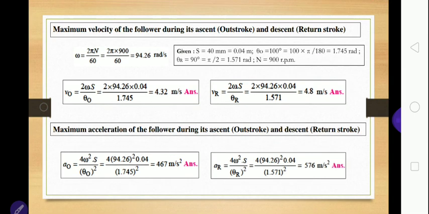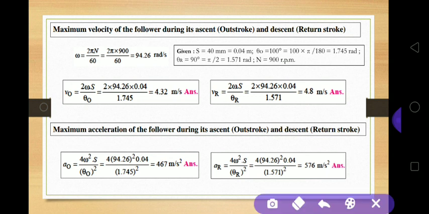One more thing asked in this question is to draw the velocity and acceleration curves also. For that purpose you need to first find the maximum velocity of the follower during its ascent, that is during the outstroke and return stroke. Similarly, the maximum acceleration of the follower during the outstroke and return stroke also. For finding that we have the formula V0 equal to twice omega s upon theta O, and twice omega s upon theta R for the return stroke.